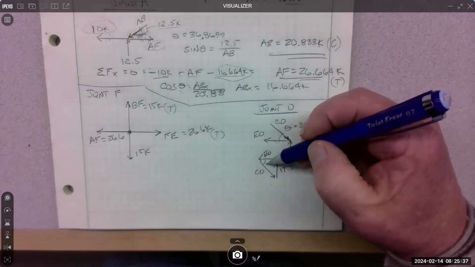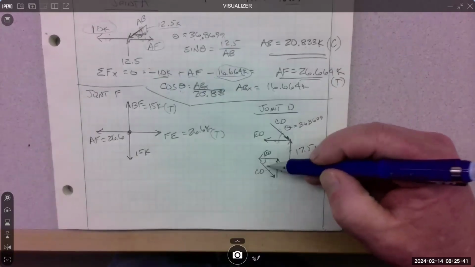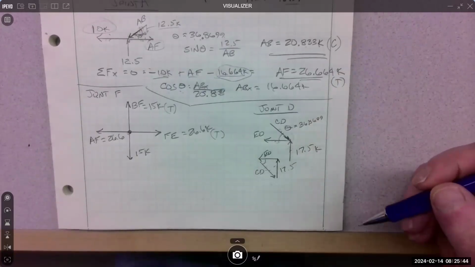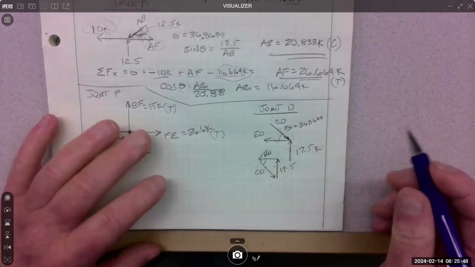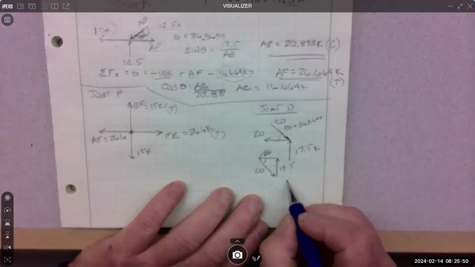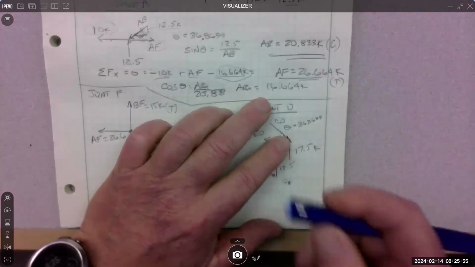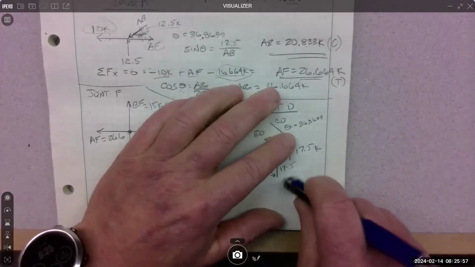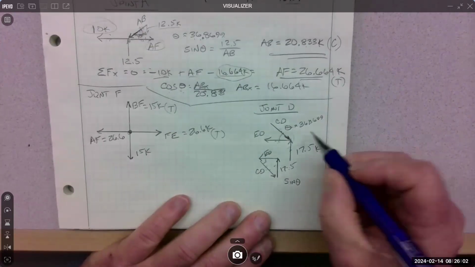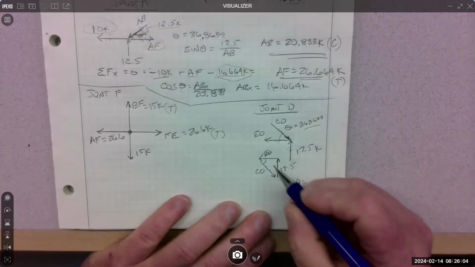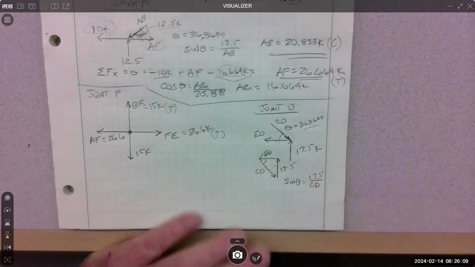So this one would be the sine of the angle, 17.5 over CD, that would give me CD. So that's gonna end up to be 17.5 divided by the sine of the angle. If you need to, write it out. Sine. Remember theta is this 36.8. Opposite 17.5 over hypotenuse CD.